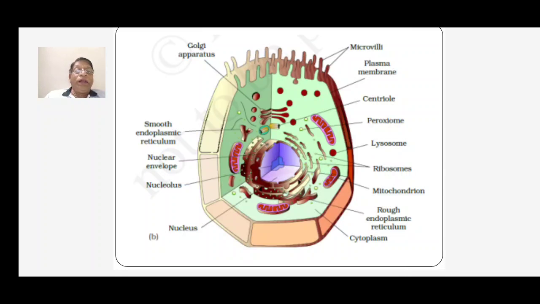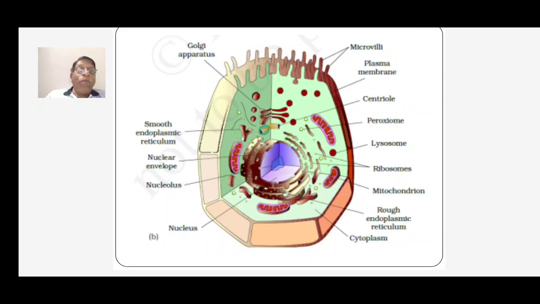Lysosomes, you can see. Then the nucleus at the center. The nucleus is of the eukaryotic type. A very important feature is the presence of the centriole or centrosome.